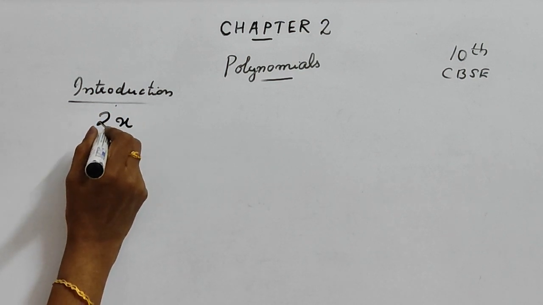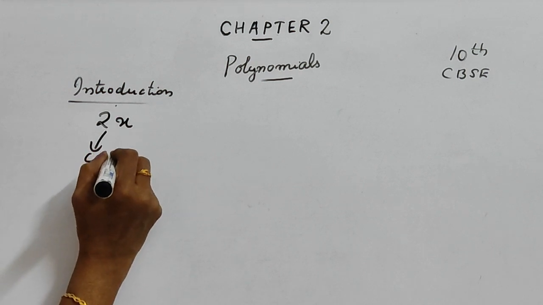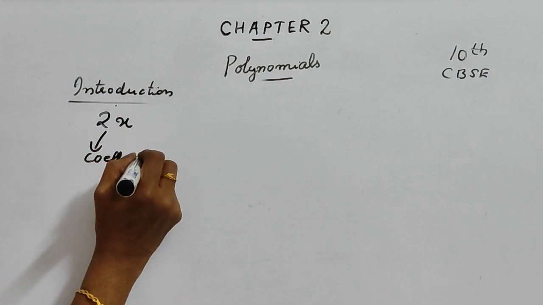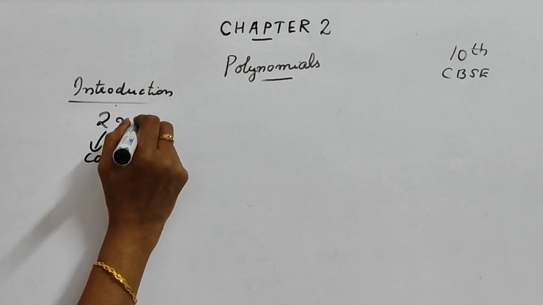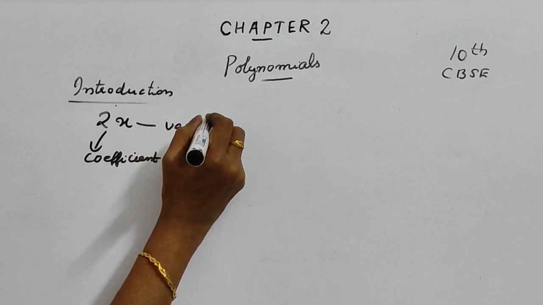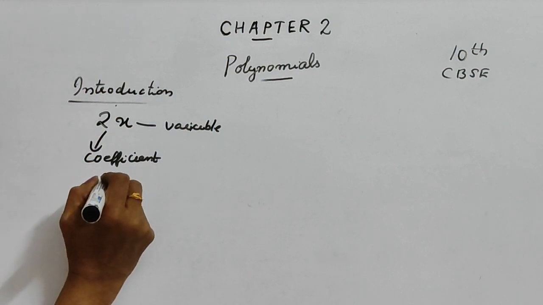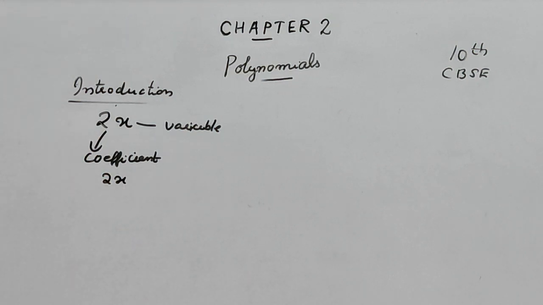2x. 2 is called the coefficient, that is number part. Number part is called the coefficient and alphabet part is called as variable. See here, 2x we have only one term. So chains of terms form polynomial.